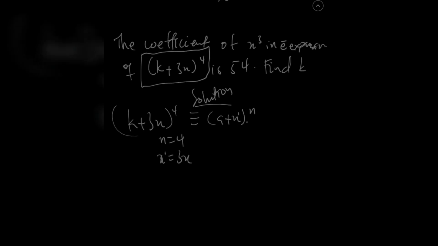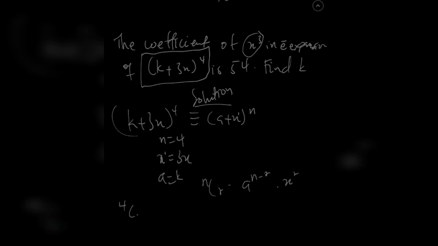So x prime will be 3x and then our a will be equal to k. It's a specific term, that is an x cube term. So the formula is a power n minus r times x power r. n is 4, so 4 combination r multiplying a, which is k, raised to the power 4 minus r, multiplying x, which is 3x all power r.